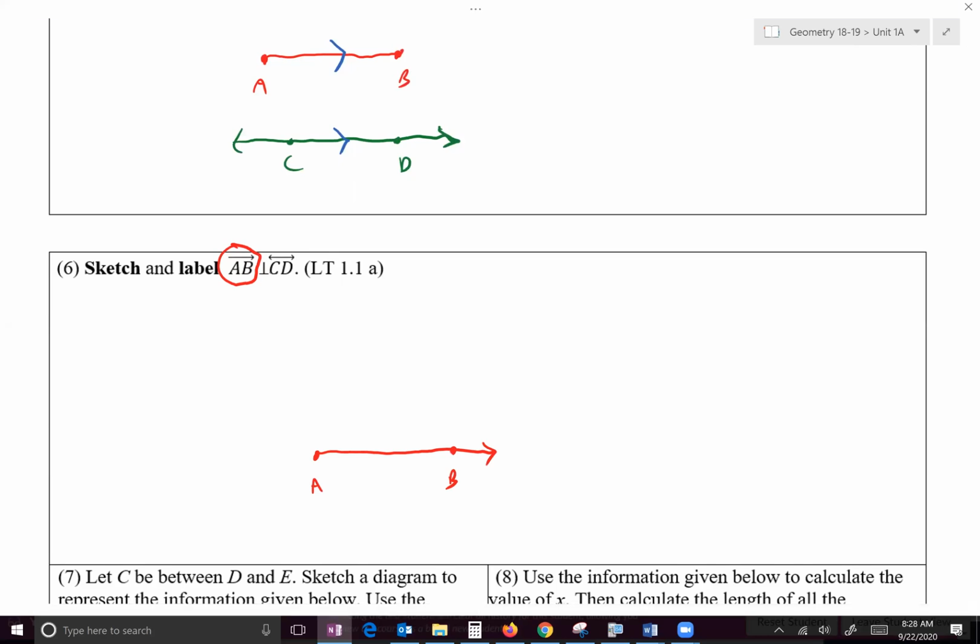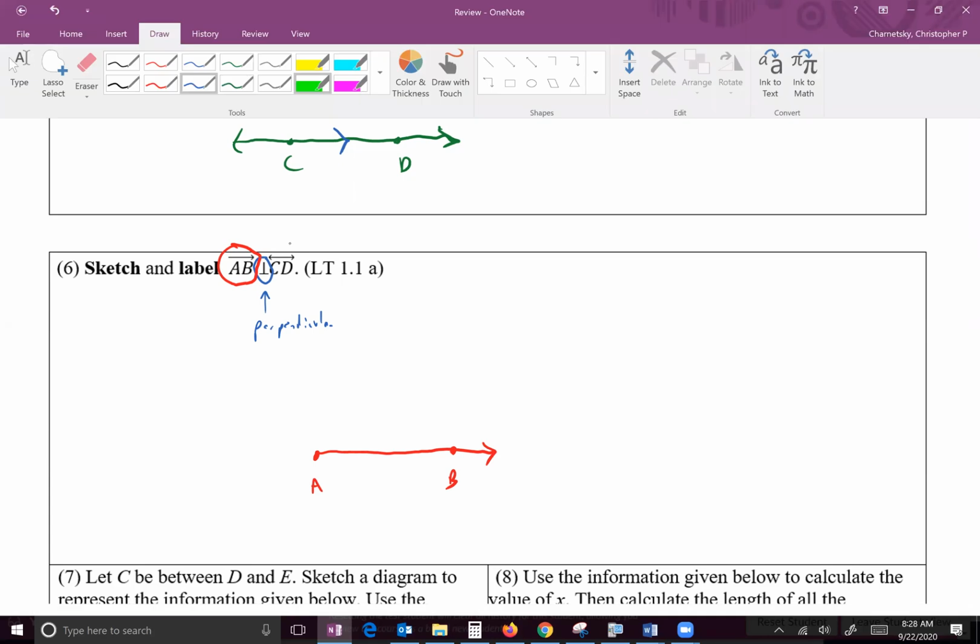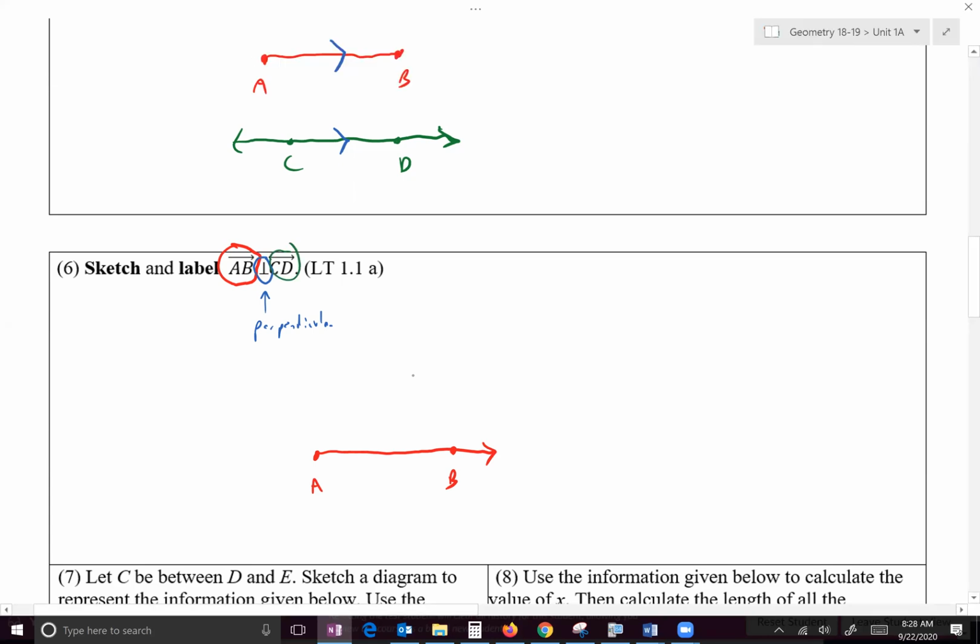And we have this symbol here that kind of looks like an upside down T. That's perpendicular. So the next thing that we draw has to be perpendicular to that. So which is line CD. I'll draw that.